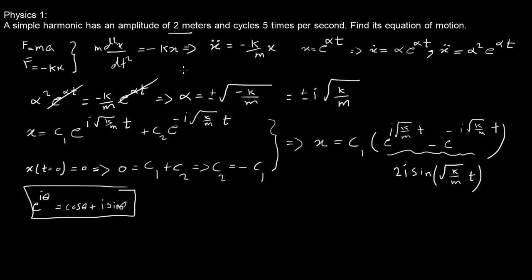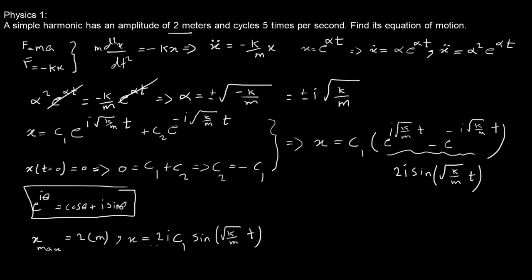So now let's use this other condition. Amplitude means x max. So x max is equal to 2 meters, and x from here is equal to 2i c1 sine square root of k over m t.